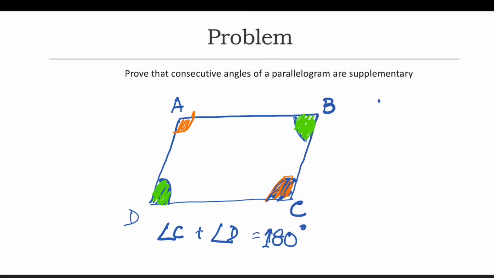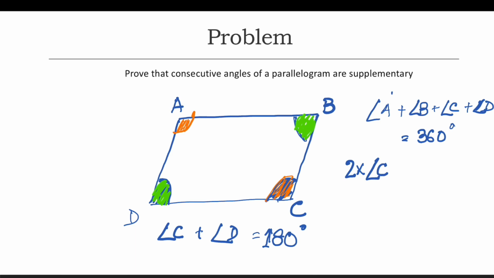So if I look at that property, very simple: angle A plus angle B plus angle C plus angle D is equal to 360 degrees. It is a quadrilateral, so the sum of all four angles will be 4 into 90 degrees, 360 degrees. Now, if angle A and angle C are equal, I can write 2 into angle C plus 2 into angle D equal to 360 degrees.